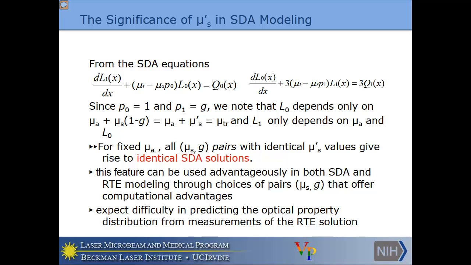So certain values of mu s and certain values of mu a will be paired, and other values will be paired to give you similar solutions. And the way you minimize that crosstalk is by taking advantage of these so-called similarity relations, which hold for all the PN solutions. But nevertheless, because of this, we know we can expect difficulty in predicting optical property values from RTE solutions.